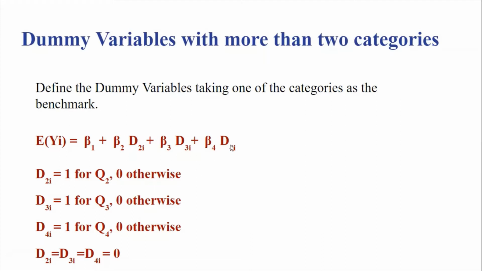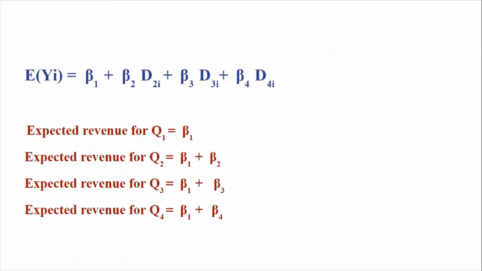So there are only 3 dummies in this regression model, but this dummy variable has 4 categories because, as you can see, if D2, D3, D4 are all 0, then automatically quarter 1 exists. Value 1 for quarter 1 indicates that D2, D3 and D4, these 3 are 0, right?